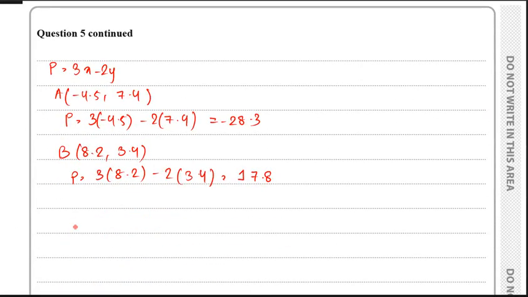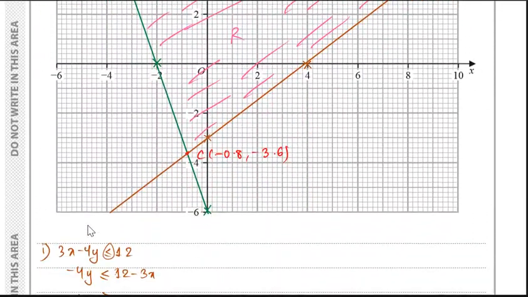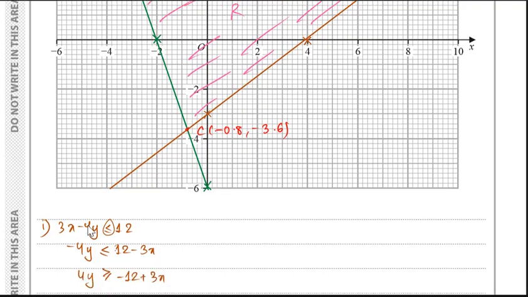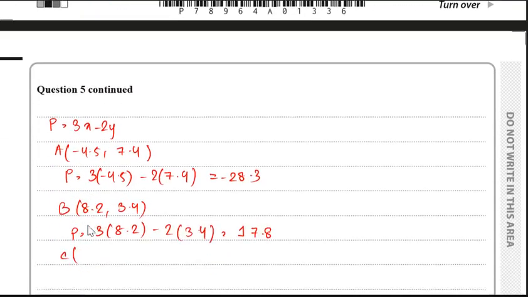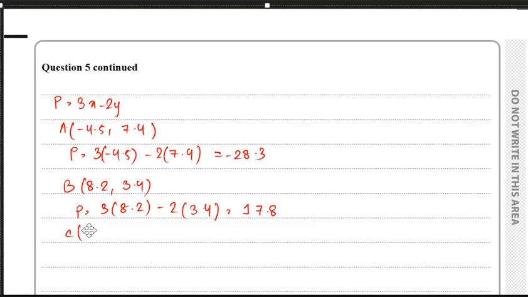And now for part C here, 17.8 you got. Now for C, this is going to be negative 0.8 and negative 3.6.